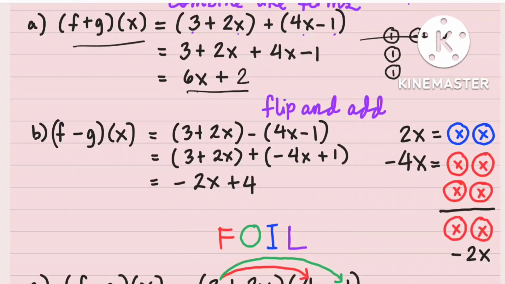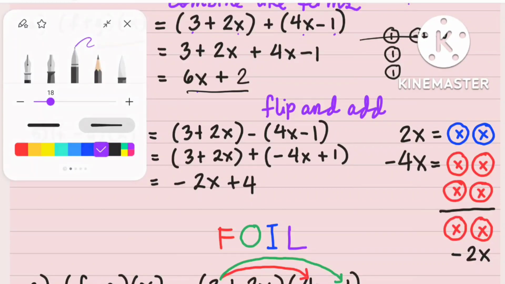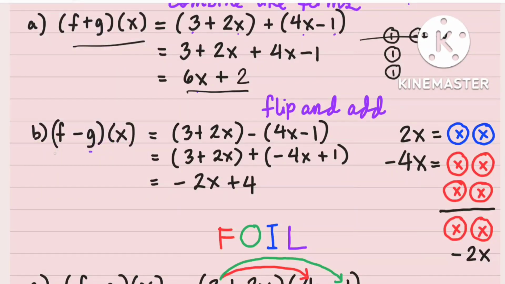Subtraction this time. So this time we want to subtract g from f. We want to subtract g from f. So we want to subtract 4x minus 1 from 3 plus 2x. In subtraction, we have to follow this rule. First, we have to flip our subtrahend, or the second expression.